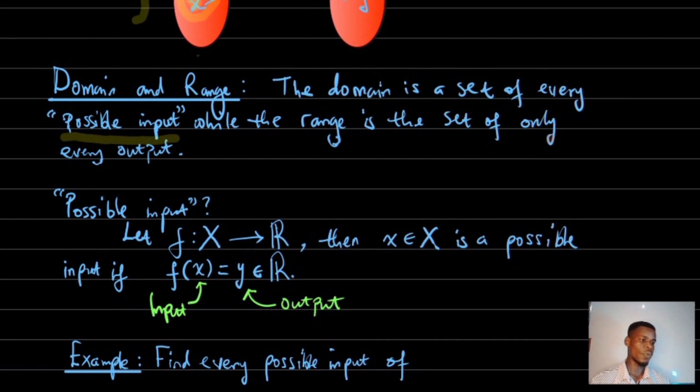What about the range? Well, the range is the set of only every output. So we have two different concepts there. The domain is a set of every possible input, which we're going to discuss, while the range is the set of only every output.